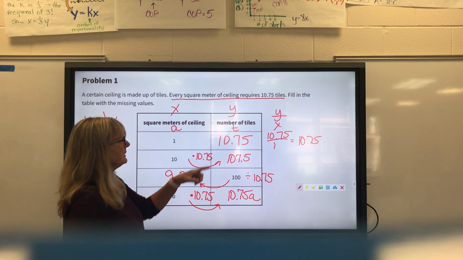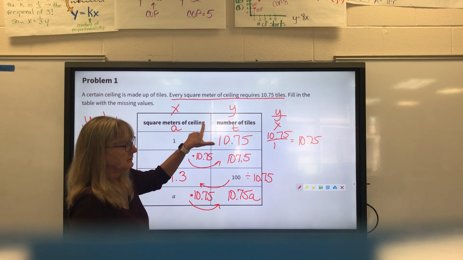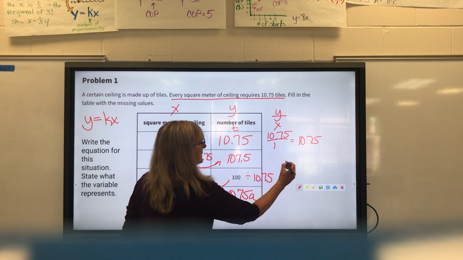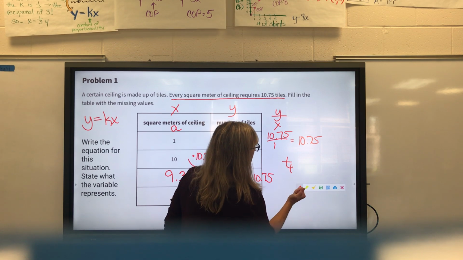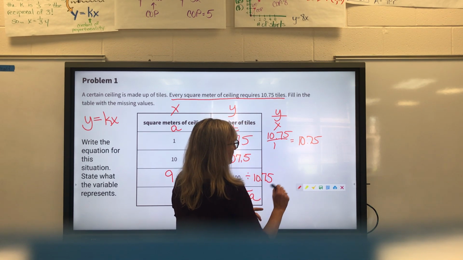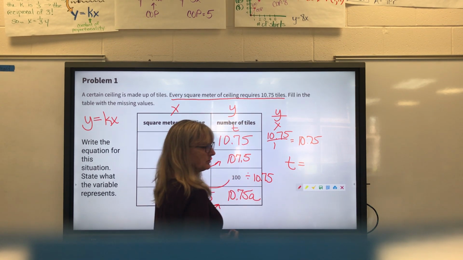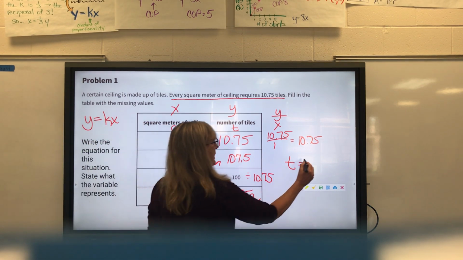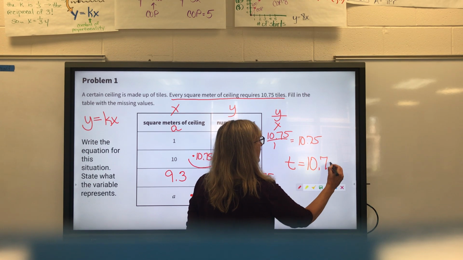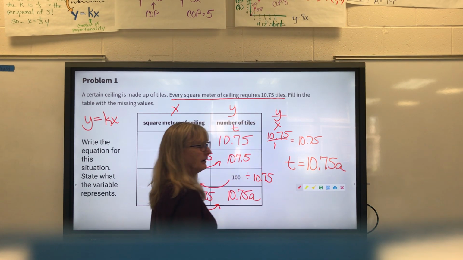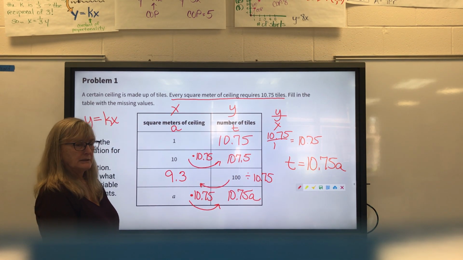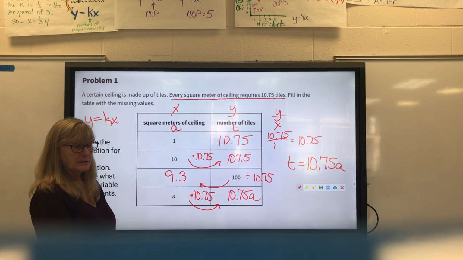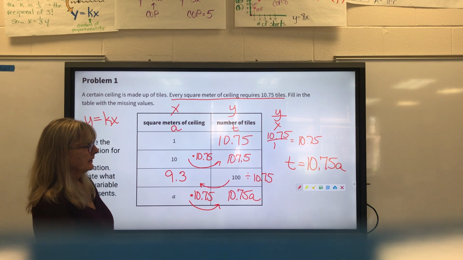T. T is the number of tiles. So we're going to say T equals 10.75 and then A for area. Do we have to put the A? Yes. Okay? Because that's representing the area.